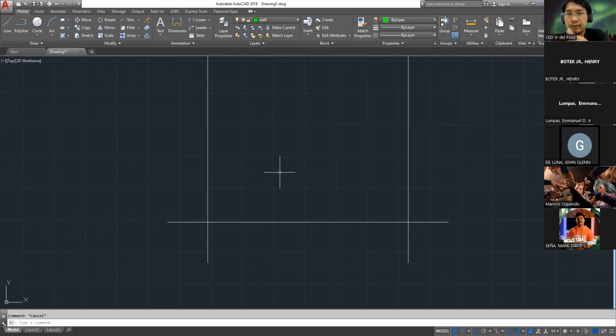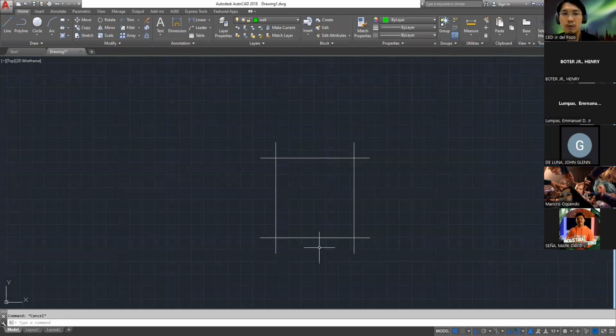So yung pader na nagpa-partition from bedroom 1 to bedroom 2, we call it the inner wall. Yung outer wall, ang example is halimbawa yung pader na sa pundasyon ng bahay. So yung halimbawa, ito is nasa garahe ka na na part, so outside na yun. Consider na outside, we call it the outer wall.